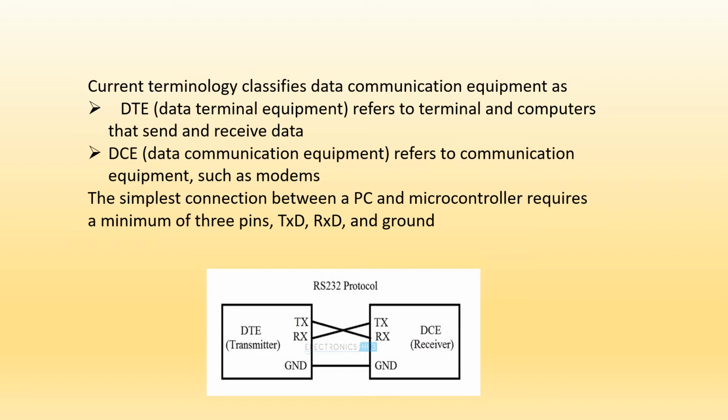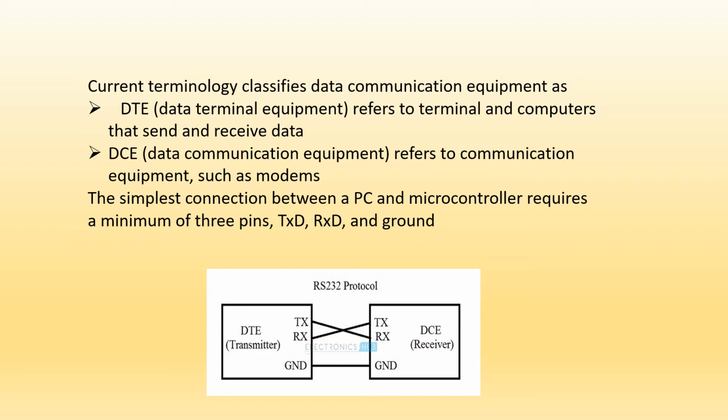Data terminal equipment, DTE, refers to the computers that receive and send the data, and data communication equipment, DCE, refers to the communication equipment such as modems or the microcontroller. To connect the DTE and DCE we are using the RS-232 protocol. We have already seen the RS-232 standards in the last video.